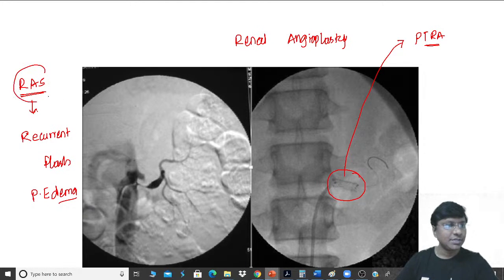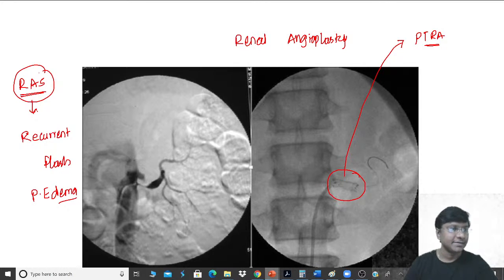Okay, so that is about the treatment of renal artery stenosis in refractory cases. That is the question on renal artery stenosis. And always remember, 50% of cases of renal artery stenosis will be bilateral.